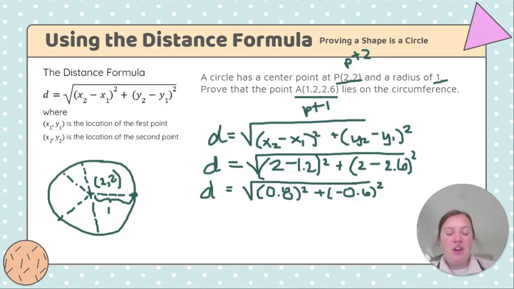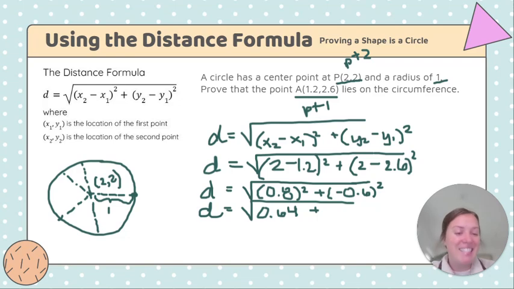Okay. Now we've got the single values on the inside. We are going to square them. 0.8 squared is 0.64. And for negative 0.6, we can drop the negative, we just do 0.6 squared, which is going to be 0.36, okay?